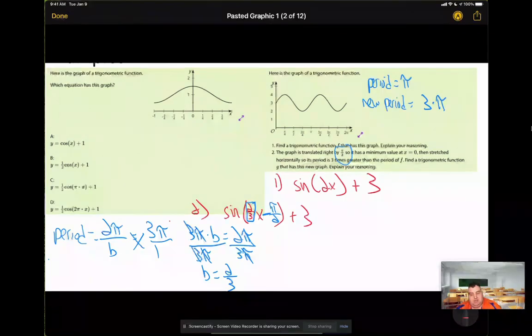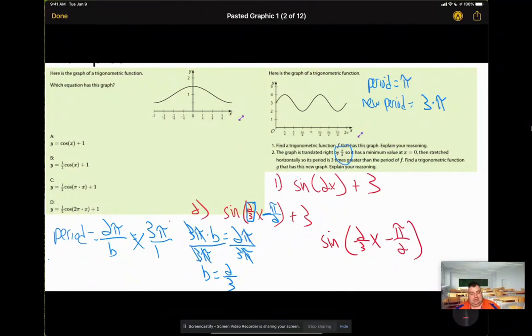So my new equation and my answer to number 2 is going to be sine of 2/3 x minus pi over 2 inside the parentheses plus 3 outside the parentheses. So that is my answer to number 2, and that is it for this lesson.